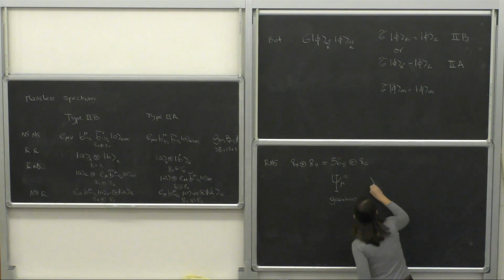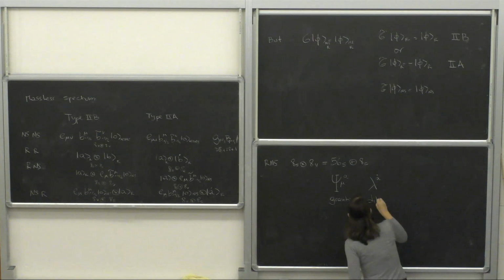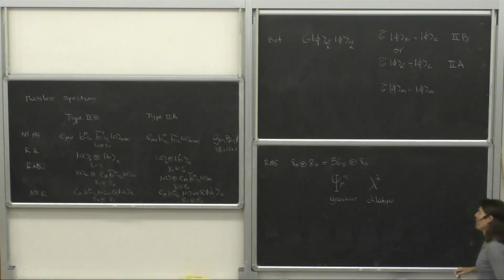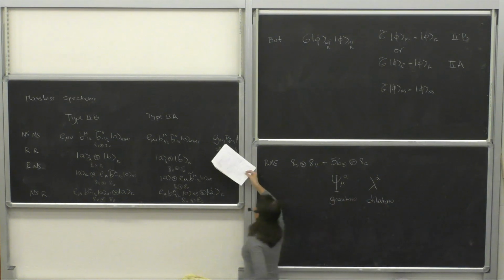And this is called lambda A dot, because it's the other chirality. This is called the dilatino. So these are the superpartners of graviton, B field, and dilaton.